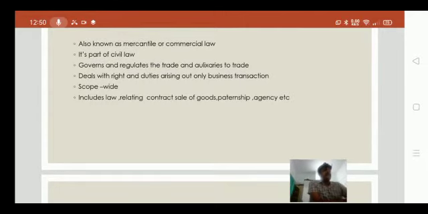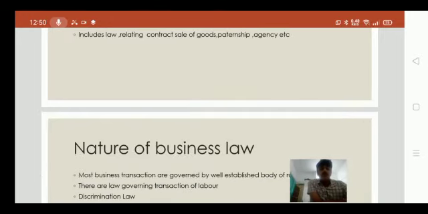What are the rights and duties within the business transaction? That is called business law. Its scope is wide; it is a broader concept. It includes laws relating to sale of goods, partnership, and agency. You will be learning about these in future classes.